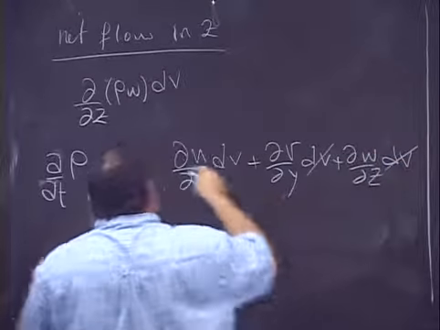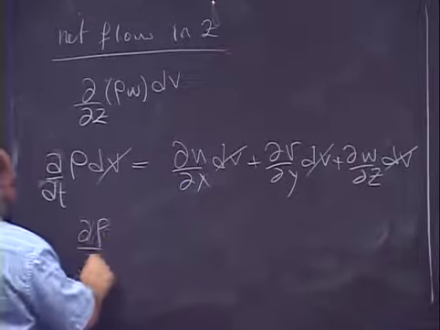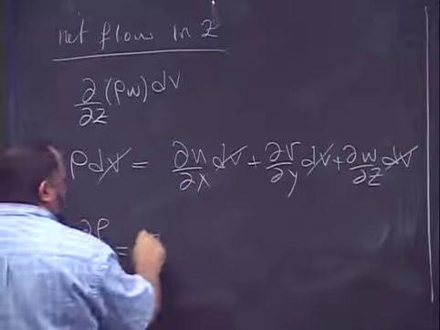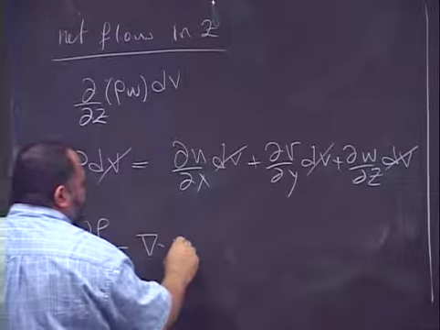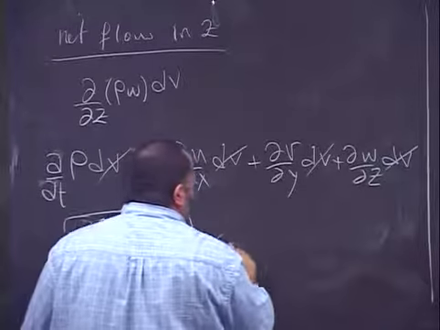So delta V cancels with delta V, and you will notice that d rho by dt is just equal to the negative divergence of rho V. And this is what equation, this one?